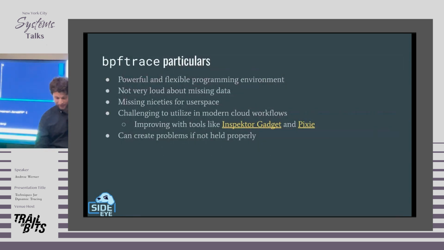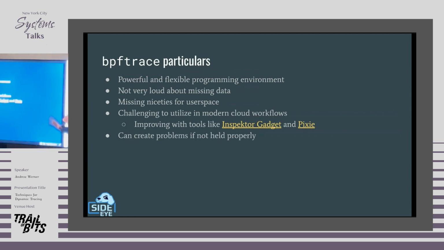Still very cool, very low overhead. Powerful and flexible programming environment. This is very much a derivative of dtrace for the Linux world, though Brian Cantrell will say that it's not as careful about dropping data. It's missing some niceties for user space. So one thing when you use bpftrace for kernel data structures is it has some awareness of what the data structures in the kernel are.